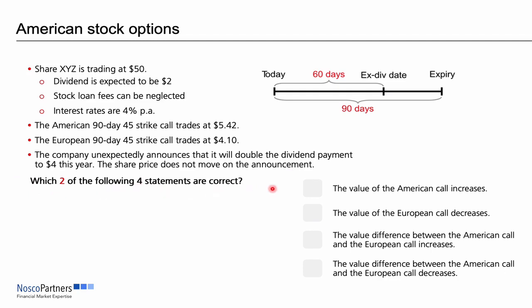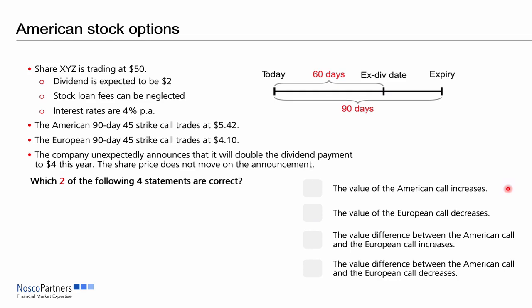A. The value of the American call increases when the dividend gets suddenly doubled, or the value of the European call decreases, or the value difference between the American call and European call increases, or the value difference between the American call and the European call decreases. Okay, I think I read this wrongly, so let's see again.